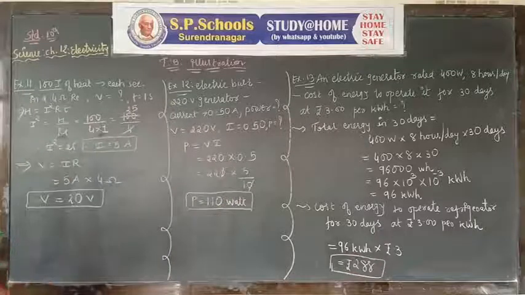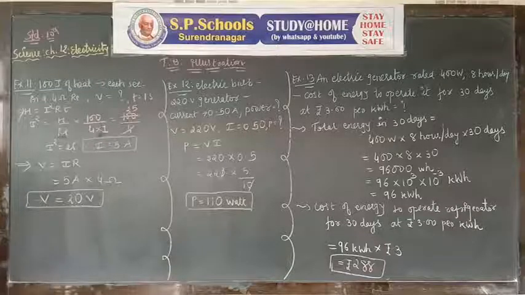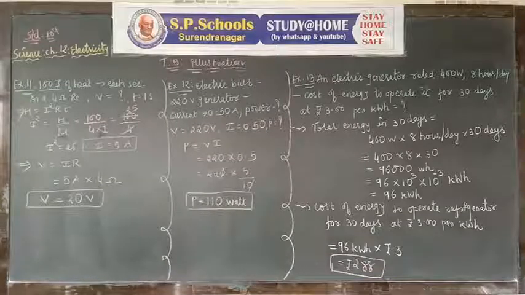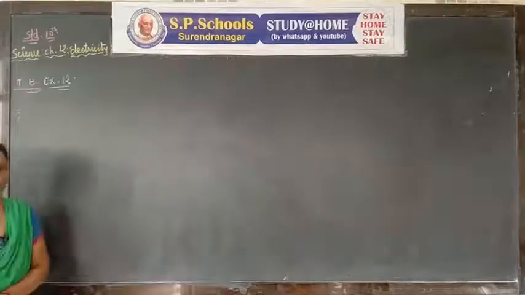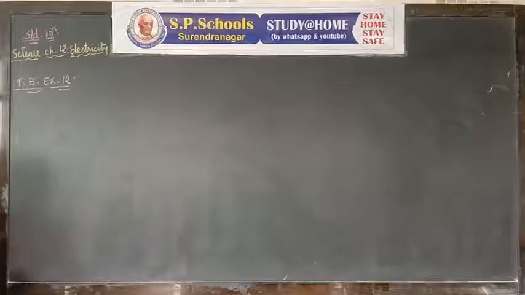Textbook illustration, example number 11, 12 and 13. Now we go through the textbook examples. Example number 12. The information says that several electric bulbs designed to be used on a 220 volt electric supply line are rated 10 watt.